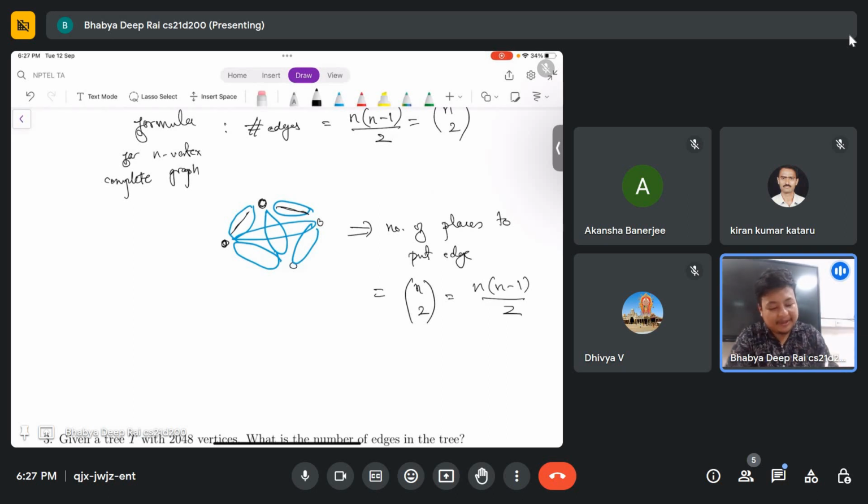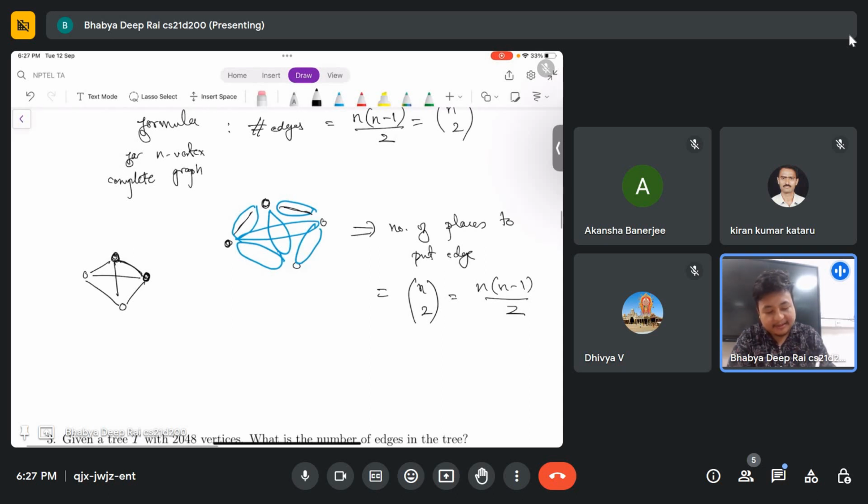Yet another way to think about it is this way. If I have 4 vertices, then if it is complete, each vertex will be connected to 3 other vertices. This will be connected to 3 other vertices, and so on.